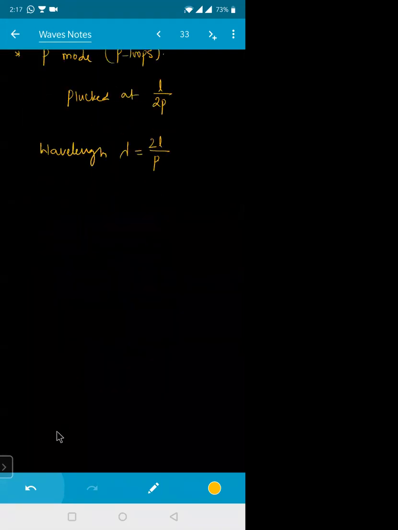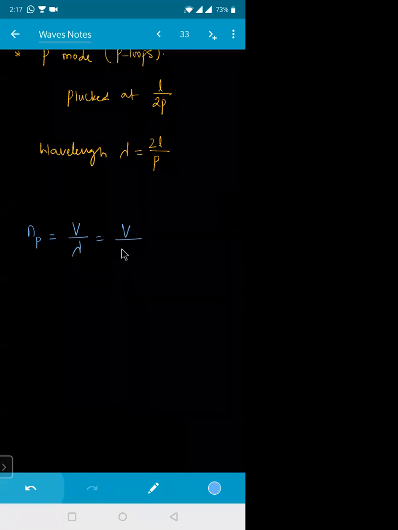So frequency of your nth loop will be equal to how much? Frequency of the fifth loop will be equal to V by lambda. That is V by lambda, which is equal to V by 2L divided by P. That means it can be written as P by 2L under root of T by mu.